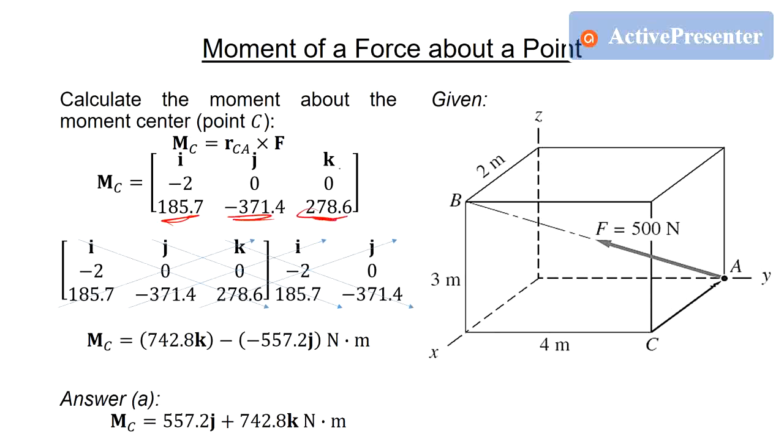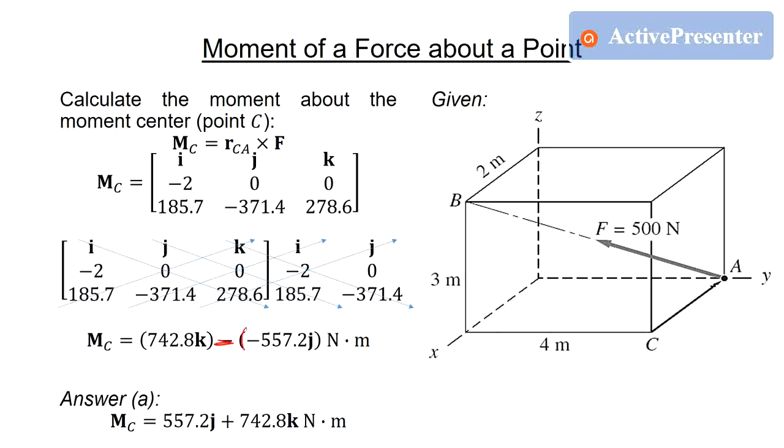Performing the 3x3 matrix from our previous lecture in cross product, we already know that if we multiply I times 0 times this one, the answer is 0. J times 0 times this one, the answer is 0. K times negative 2 times negative 371, so we get positive 742.8.